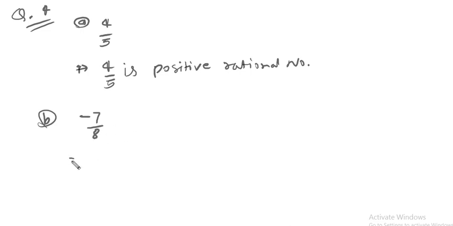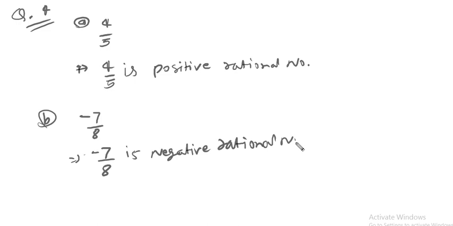Minus 7 by 8 means here it is negative, so you can write here minus 7 by 8 is a negative rational number. Write this, right? Same, if I ask you about part E, that is minus 6 upon minus 14.